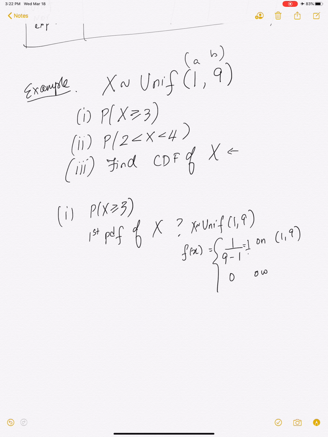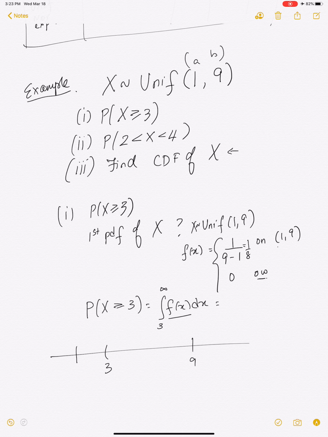So this is 1/8 on the interval 1 to 9 and 0 otherwise. Now we can answer the question: what's the probability x is bigger than or equal to 3? We have to integrate from 3 to infinity the density of x. The density of x is 0 beyond 9 and to the left of 1, but we are just going from 3 to infinity.